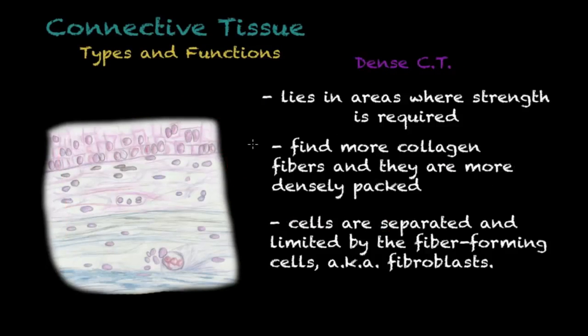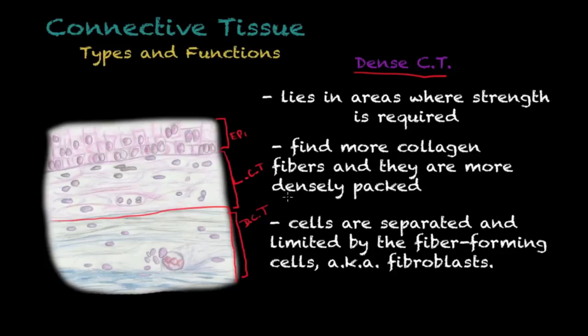This is the last slide of this lecture, where I'm going to give you a couple of words on dense connective tissue. As I mentioned, this is my epithelium here near the surface. Going inwards, I have loose connective tissue, and even further in, I will have dense connective tissue. This is the tissue that you can see just right after loose connective tissue.